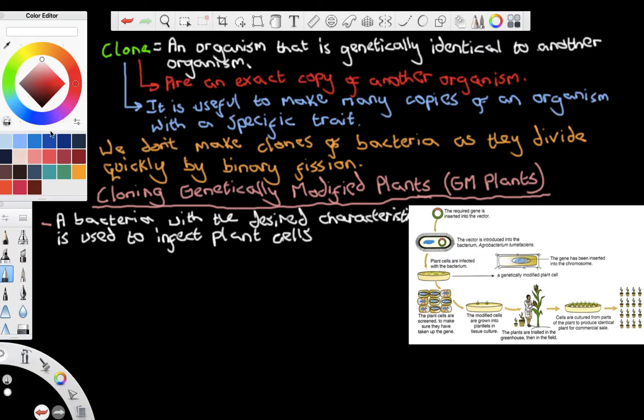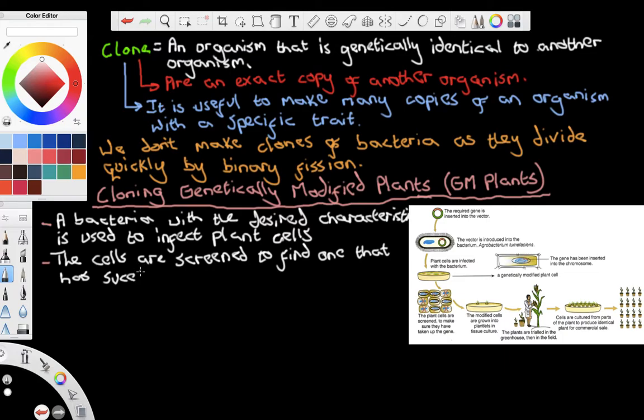We can then say that the cells are screened to find one that has successfully taken in the desired gene.